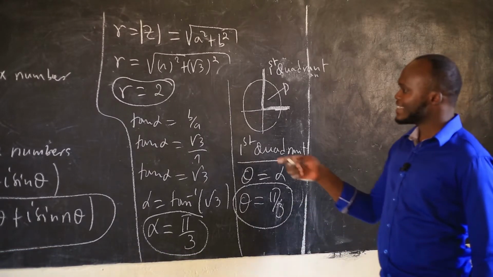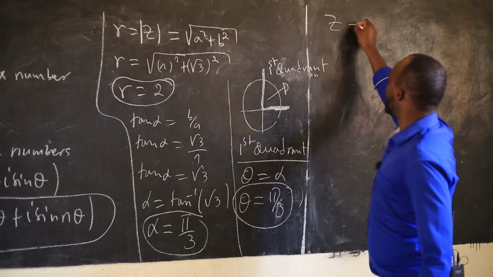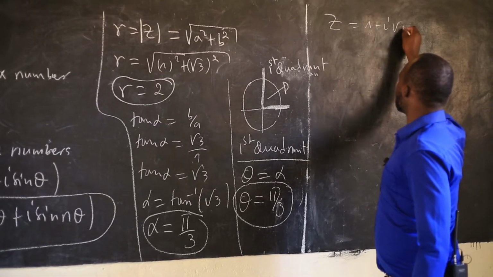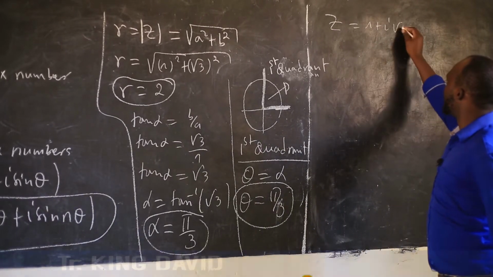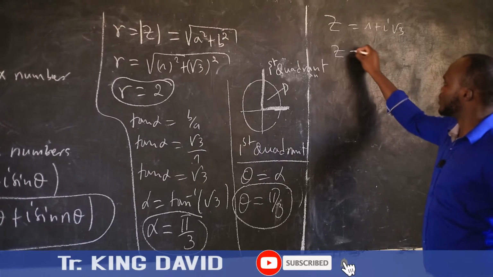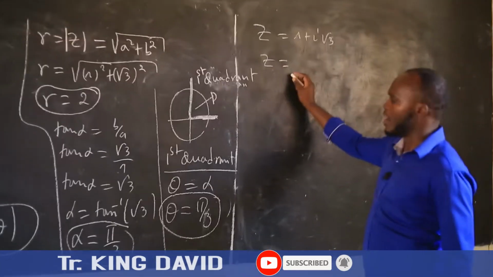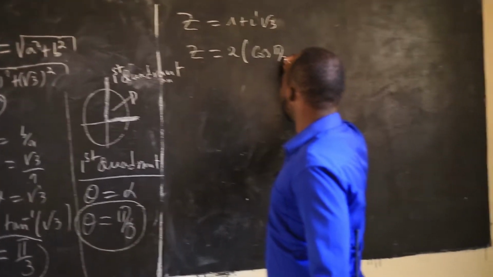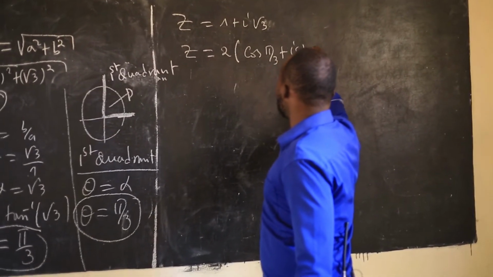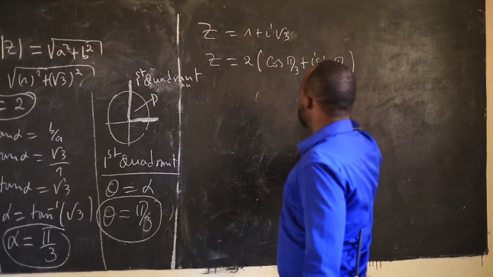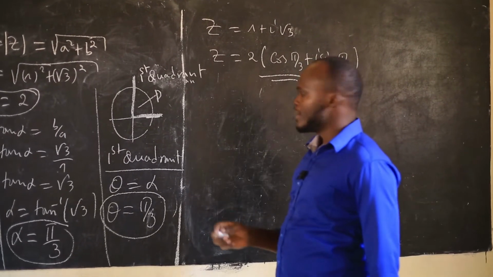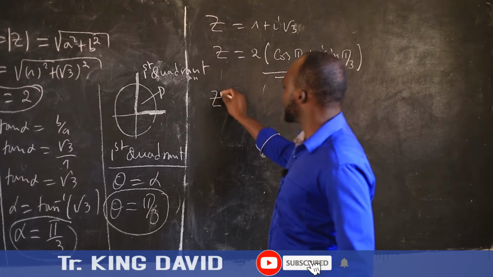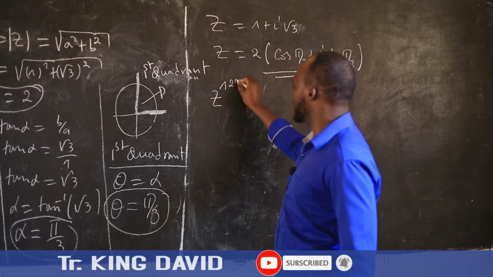So z, which is 1 plus i root 3, has polar form z equal to r, our r is 2, into bracket cos pi over 3 plus i sine pi over 3. This is our z in polar form. But the question is asking for z power 122.